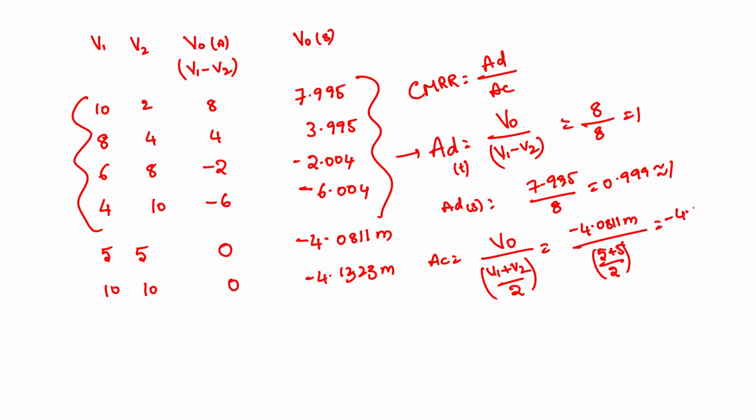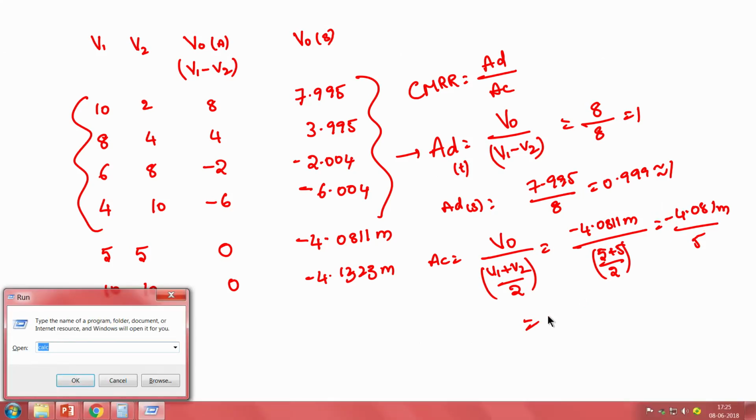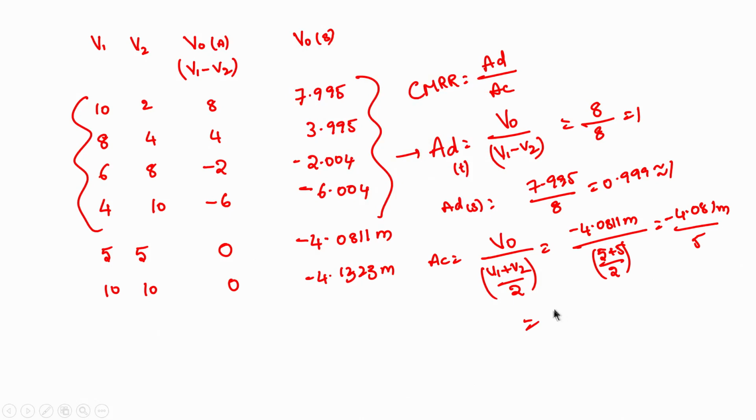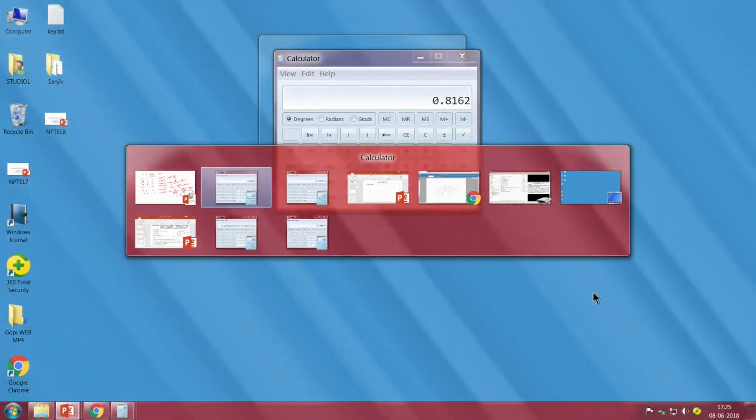So minus 4.081 milli divided by 5. Let me take the calculator: 4.081 divided by 5 is 0.81, how much?